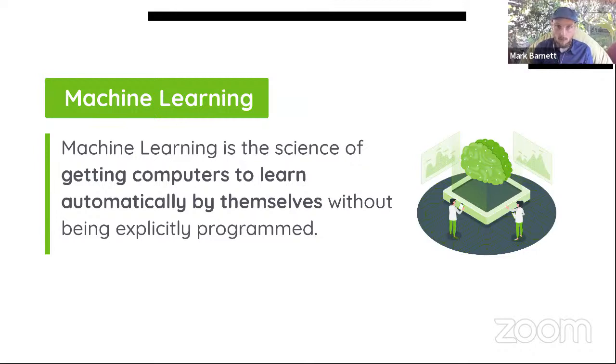Machine learning is really the science in the field of computer science of getting computers to learn automatically by themselves without being explicitly programmed. It's a really cool area of computer science, because we get to use this program and have the artificial intelligence learn, which is a very powerful thing for a computer to do, because in the past, we've only been able to tell computers exactly what to do.